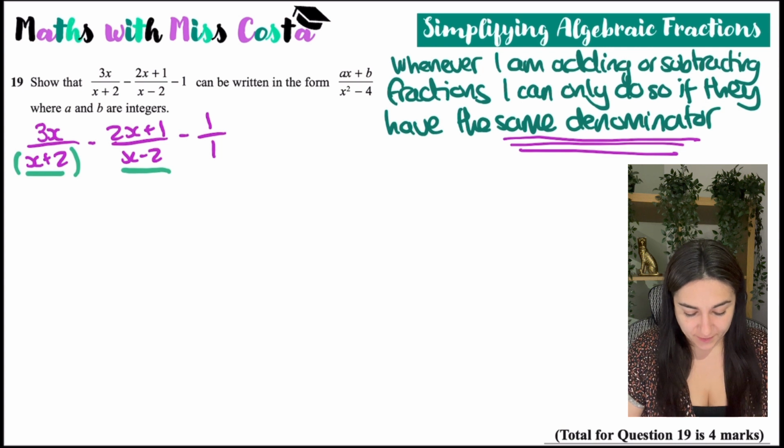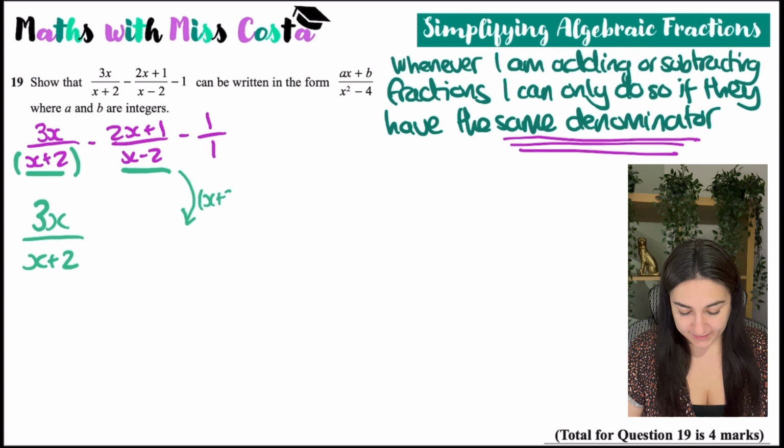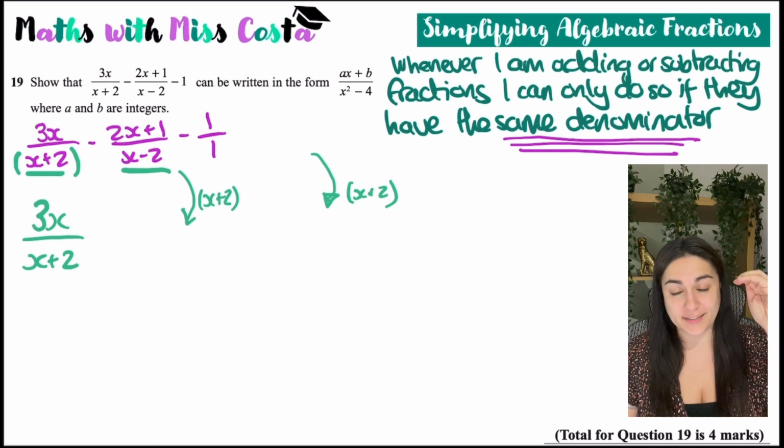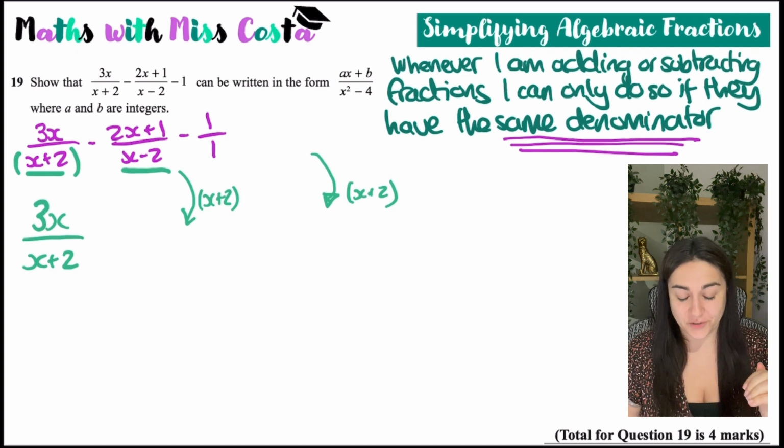Okay, so this one already has a denominator of x plus 2, so I don't need to do anything to it. But here I'm going to need to multiply this fraction by x plus 2 and also the next fraction by x plus 2. And whenever you're multiplying fractions, in order to keep them in the same proportion, you need to multiply the numerator and the denominator.